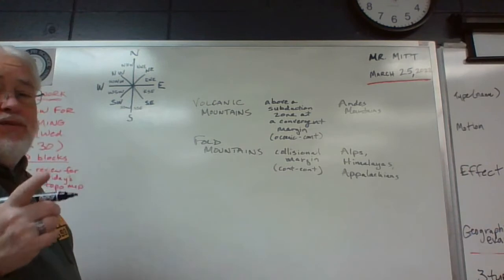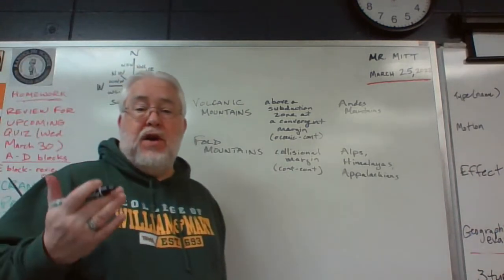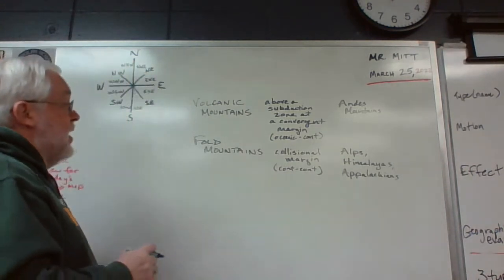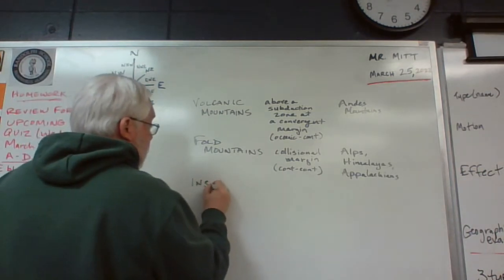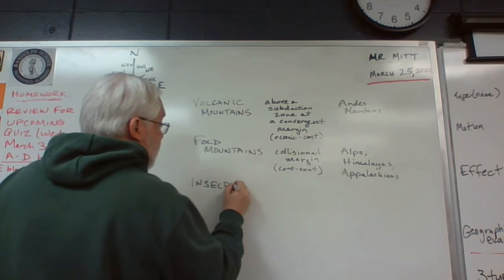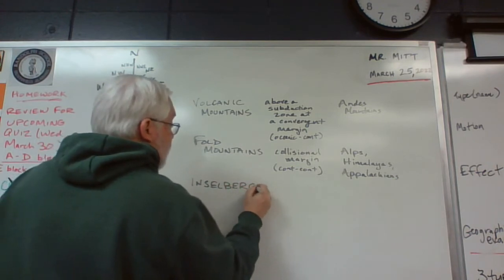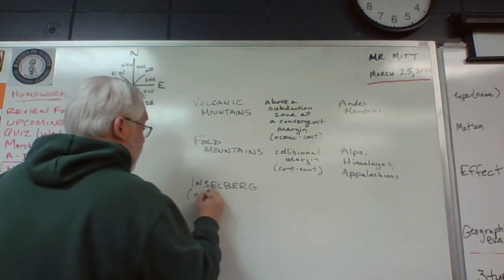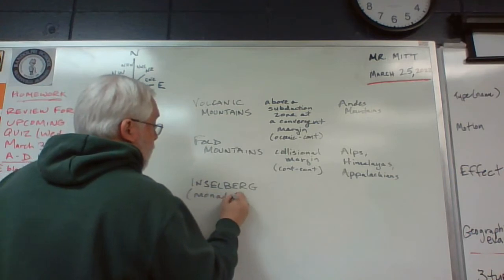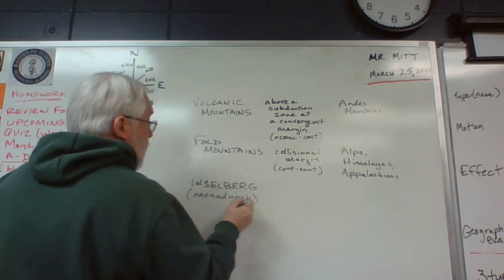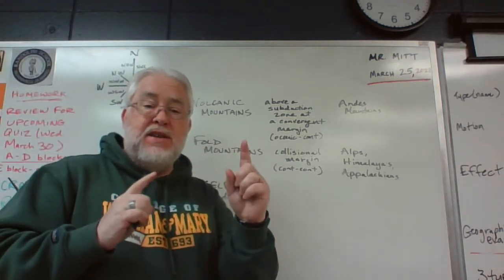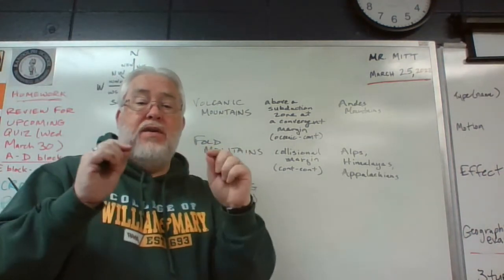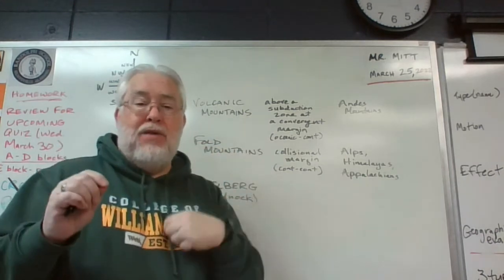The other two types of mountain belts that we've talked about in class are the Inselberg. Again, in some parts of the US, these are referred to as monadnocks. Inselberg, again, is from the German words Insel and Berg, which together, Inselberg, means island mountain.